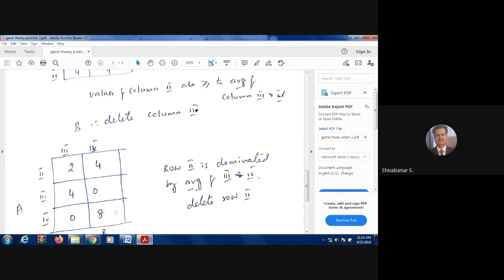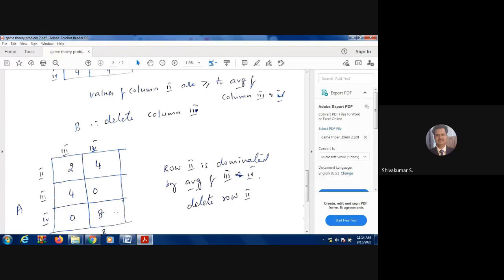Check out now. 4 plus 0, 2. 0 plus 8, 4. So the average values of rows 3 and 4 are 2 and 4. So the values of row 2 are equal to the average values of row 3 and 4. Therefore, delete row 2.